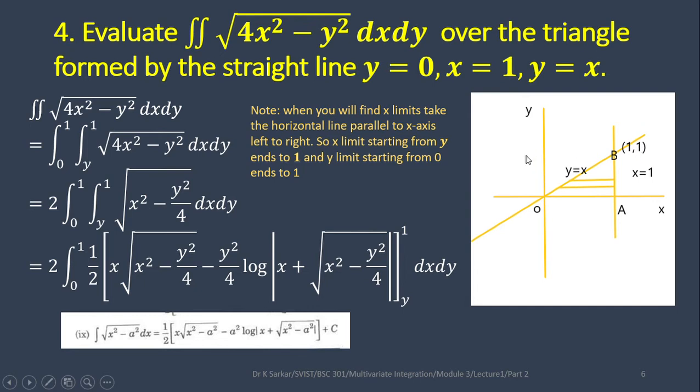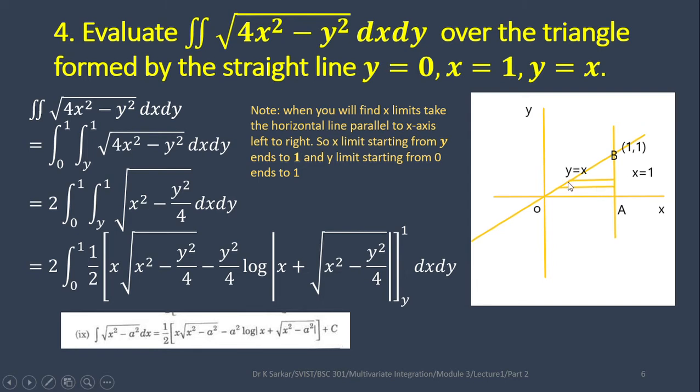Now when you do the integration with respect to x first, you have to find the limits for x. Remember, when you find the limits for x, you take the horizontal strip which is parallel to the x-axis, and you take the limits from left to right.